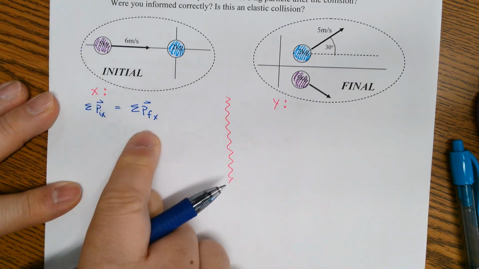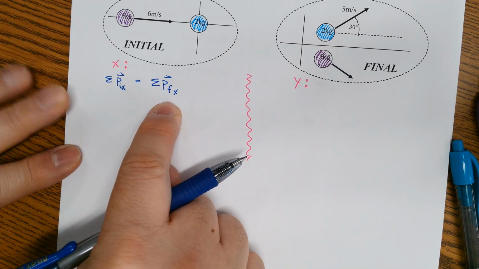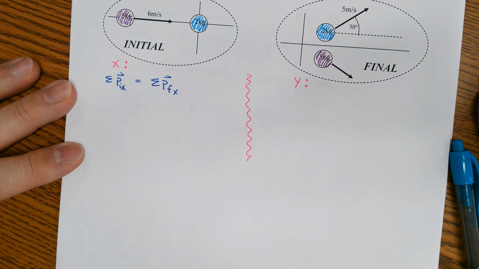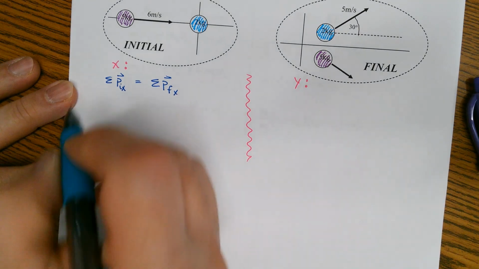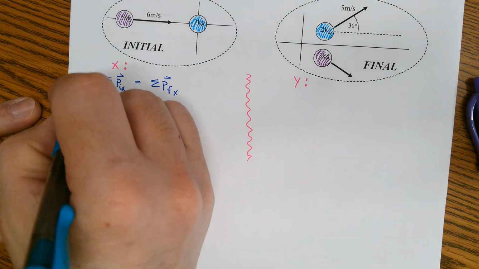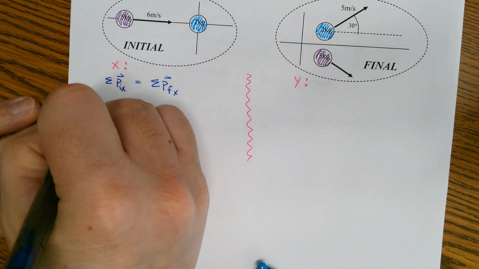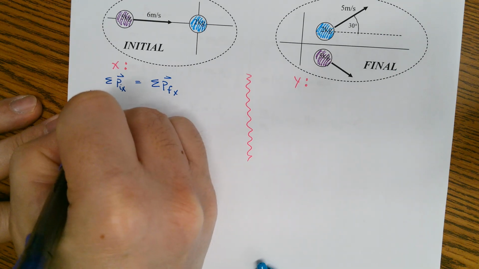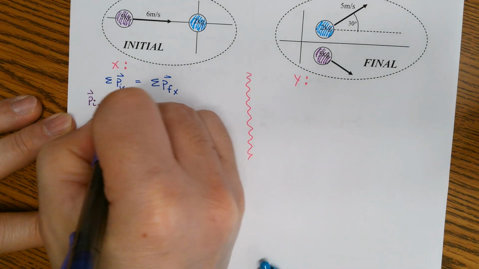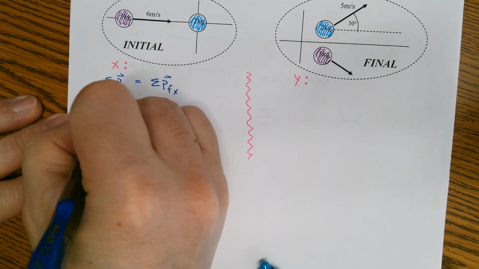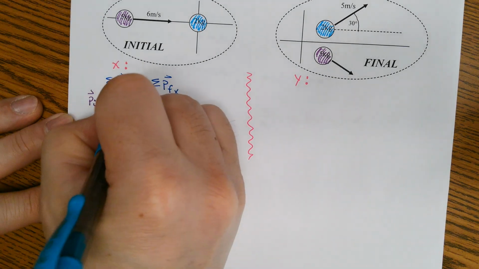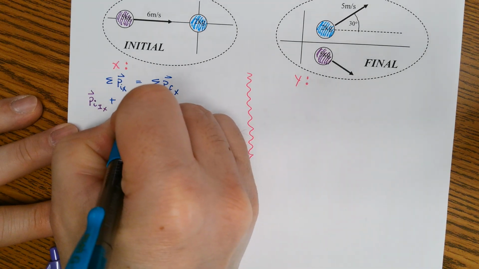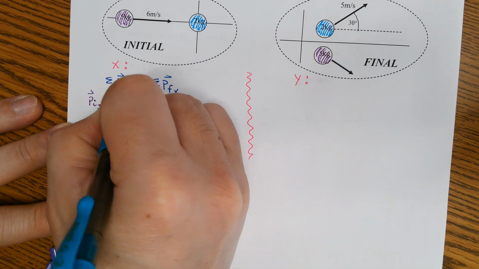Initially, I could have the momentum initial of the incident in the x direction plus the momentum initial of the target in the x direction.